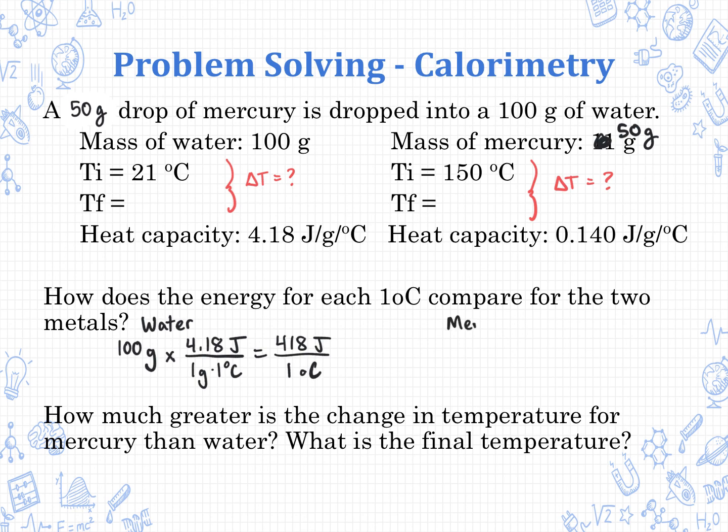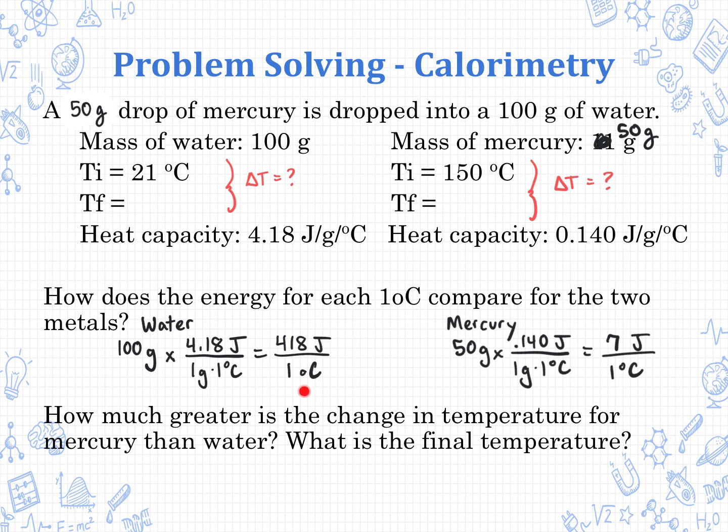Mercury, we've got 50 grams of it, and the heat capacity for mercury is 0.140 joules for 1 gram to go up 1 degree Celsius. So we have 7 joules for every 1 degree Celsius temperature change.